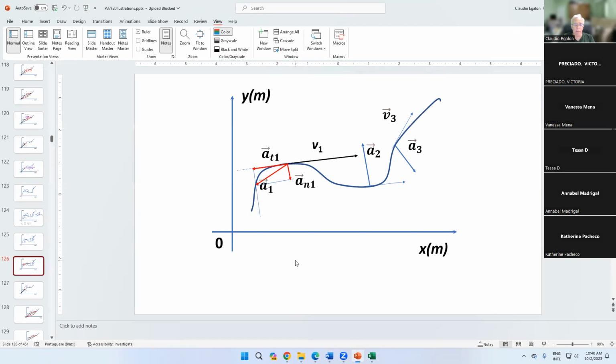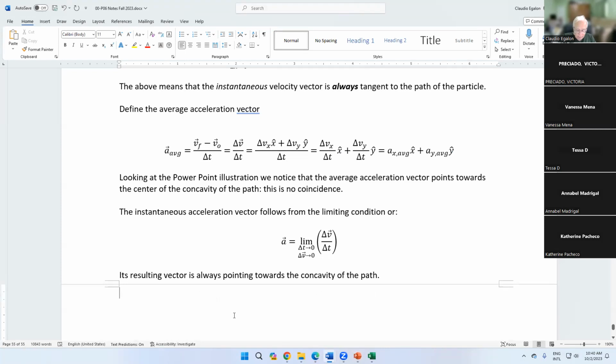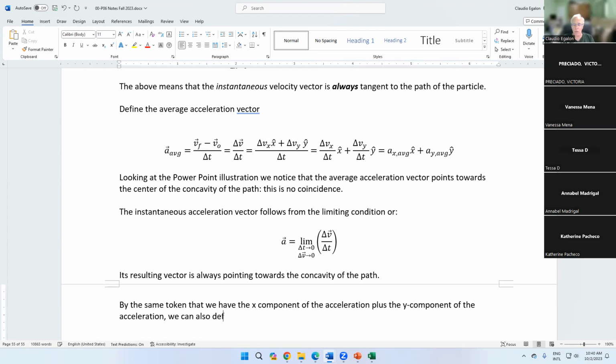And by the same token that we have the x component of the acceleration plus the y component of the acceleration, we can also define a different set of components.